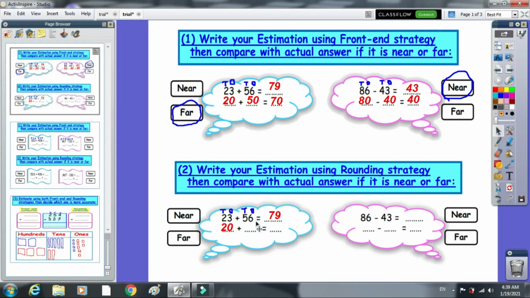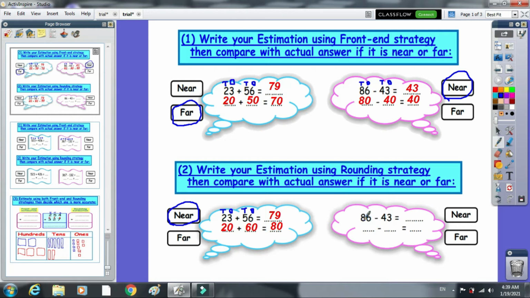And 56 will be rounded to be 60 because 6 here is a strong number, so it will add 1 to the 5 tens, so it will be 60. So now the estimated sum is 20 plus 60 and it equals 80. If we compare 80 and 79, they are too near to each other, so we will select they are near.